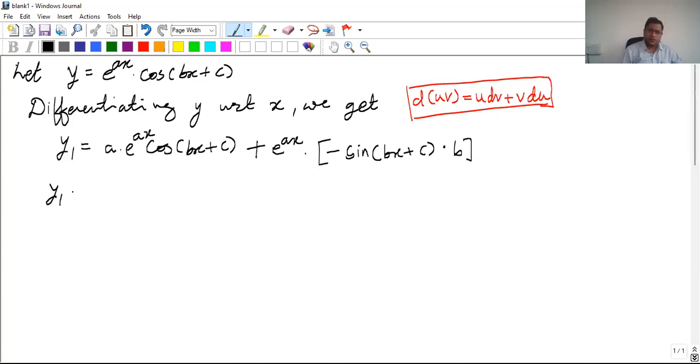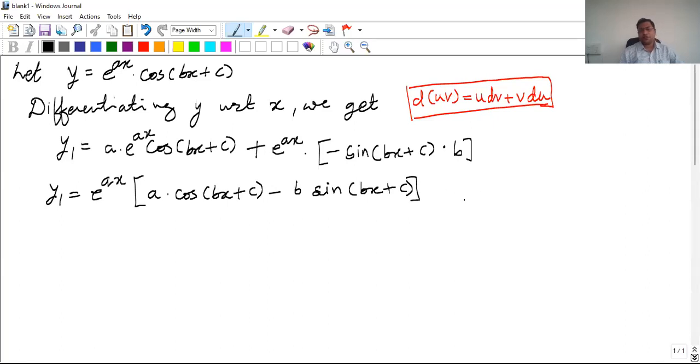Are you able to get this one? Yes, sir. So I can take e raised to ax common, and write this as a times cos of bx plus c minus b times sine of bx plus c. Is that okay?